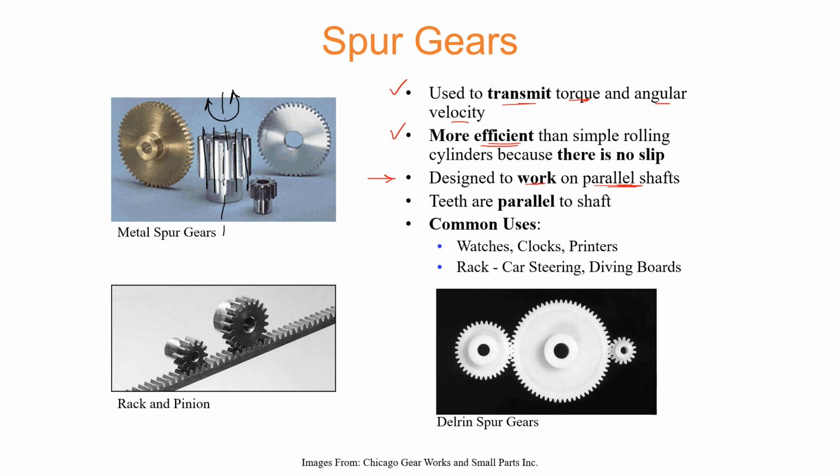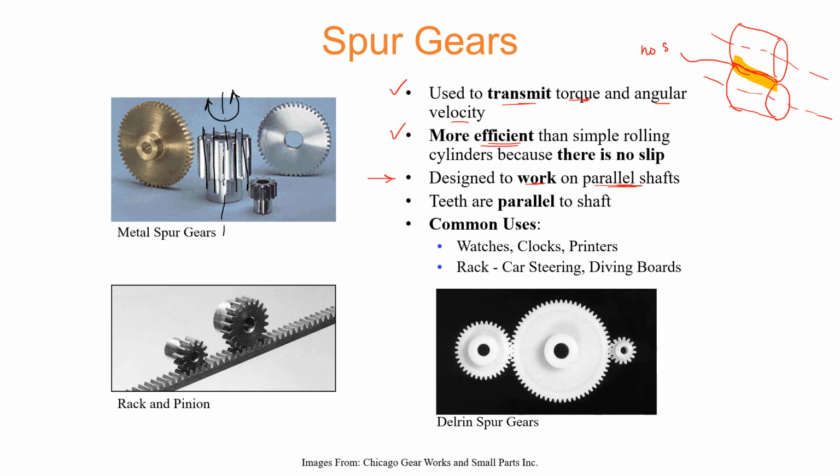The description of this would be something like this: you have a rolling cylinder like this, for example, and you have another rolling cylinder on the same line over here. The axis of the first one is like this, the axis of the second one is like this, and this is the surface which is going to be in contact. There is a necessary condition here that you must not have any slip.